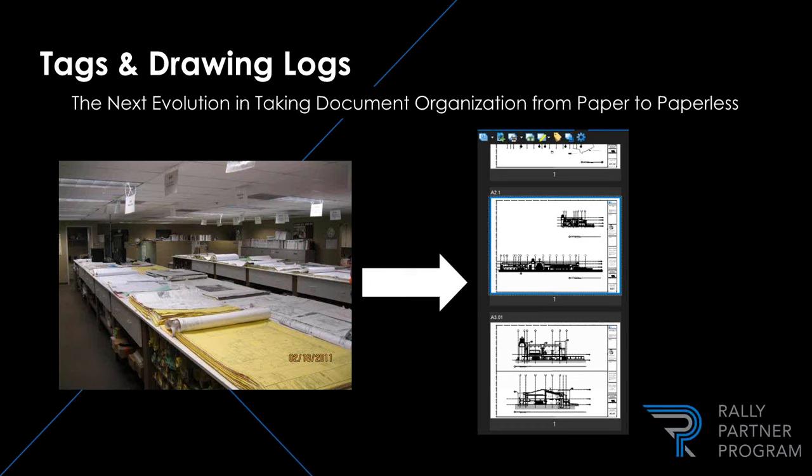But the sets have historically been on the cumbersome side, unfortunately, in the way that drawings are organized. When the project manager gets the documents from engineers or subcontractors and other parties involved in the project, when it's time to add those documents to the drawing set, it's typically inconsistent in terms of naming conventions and revision formats.